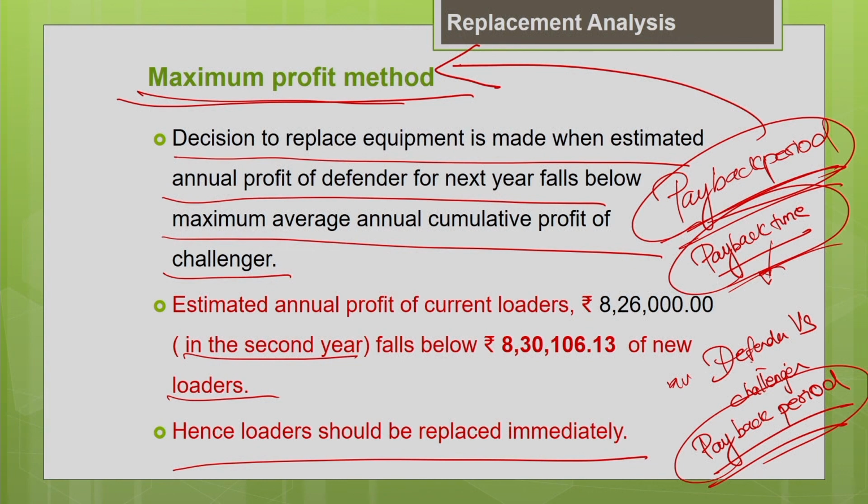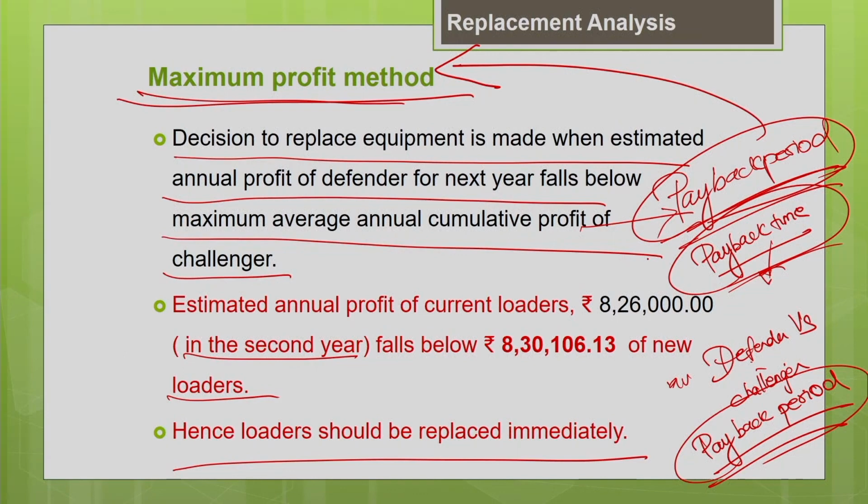The best approach is the minimum cost method and the maximum profit method. Other methods like the intuitive method or the payback period method, you can use in combination with the other methods to compare different replacement decisions.